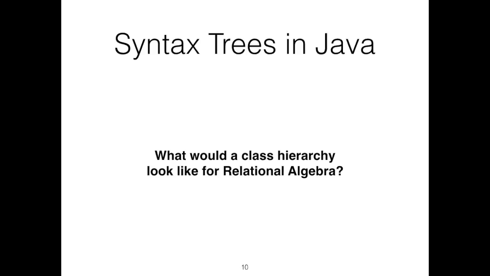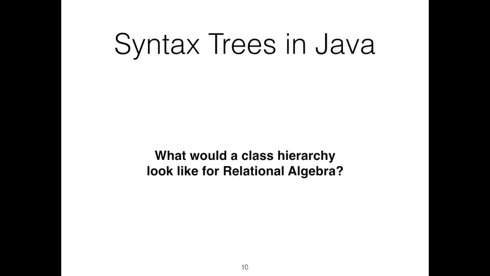How would you design a class hierarchy around those? What are some common features? Yeah. They all need to have the ability to view tables. Okay, so they all take some sort of tables or relations as input.